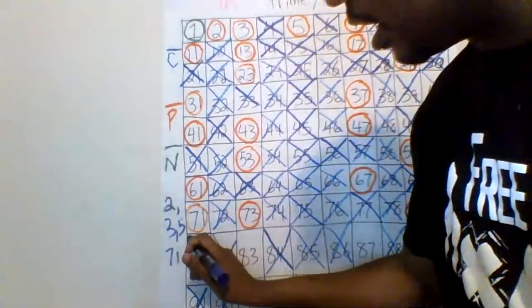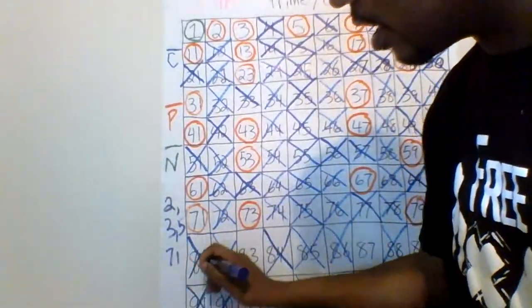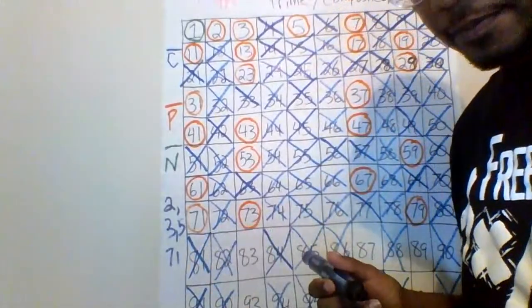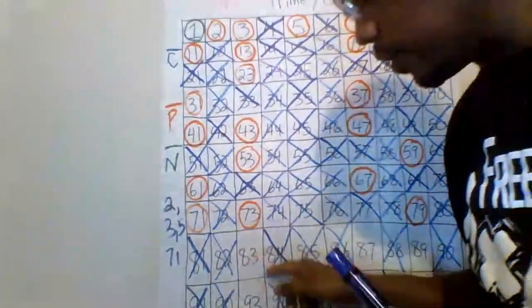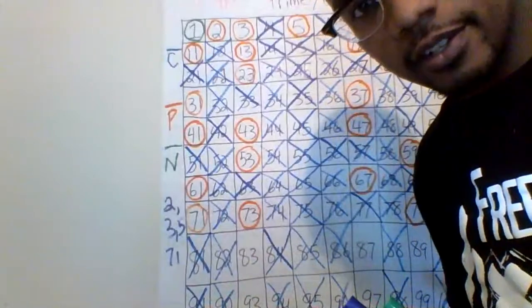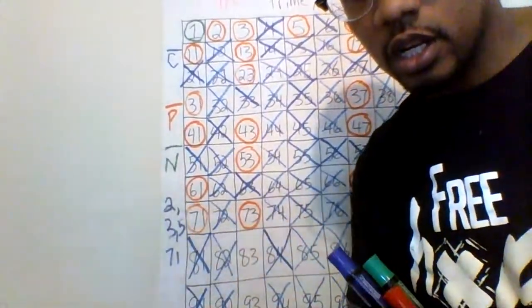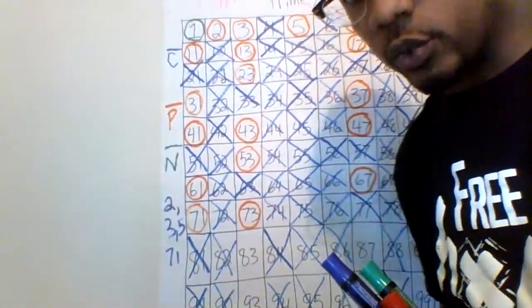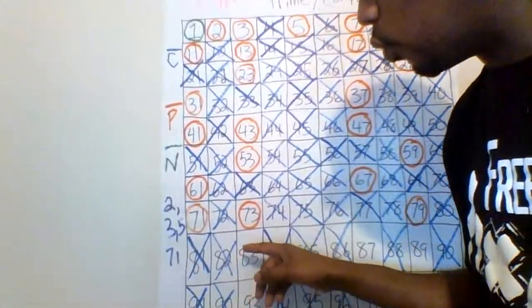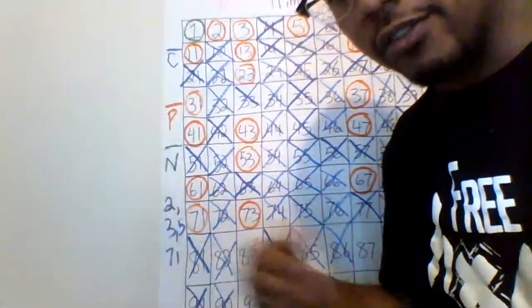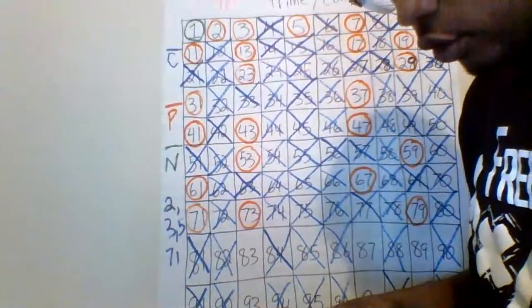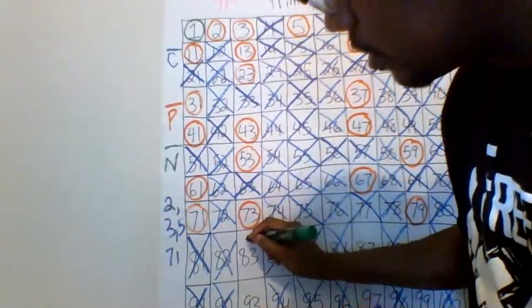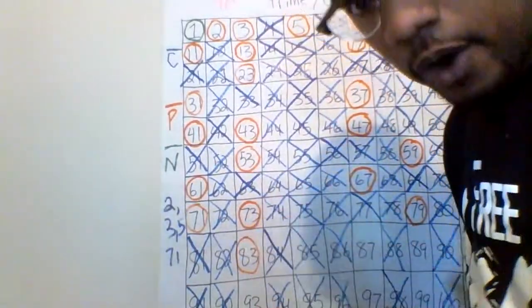That makes it composite. All right. 83. 8 plus 3 is 11. So 3, 6, 9, 12, not 11. And since the rule doesn't work, 83 is prime.